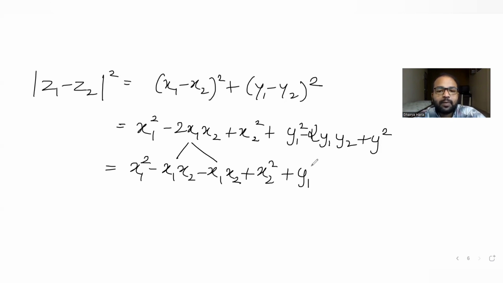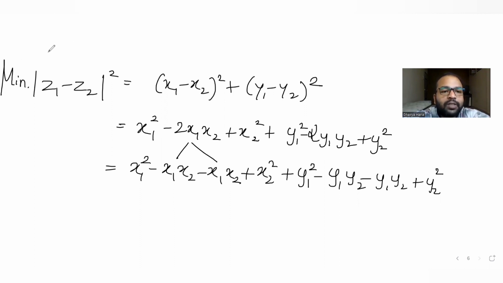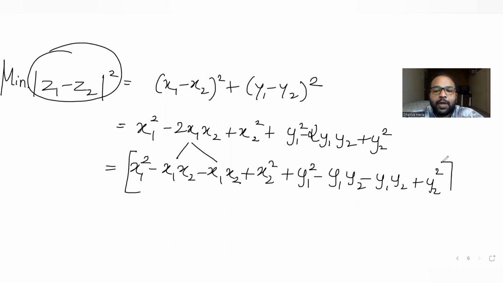That's why we are writing it separately. Similarly 2 y1 y2, again if I write it, plus y2 square. Now I need to find the minimum value for this entire expression, which is given to us.